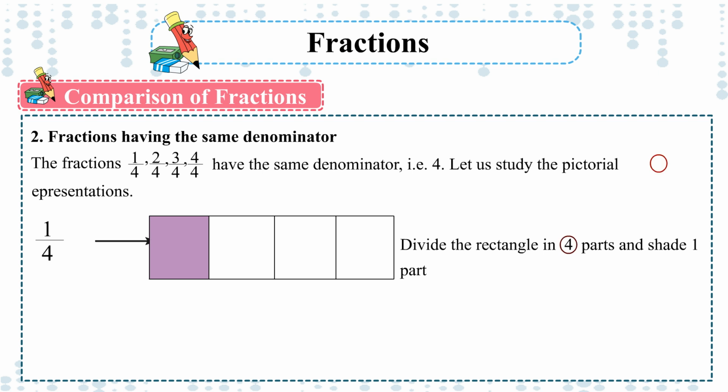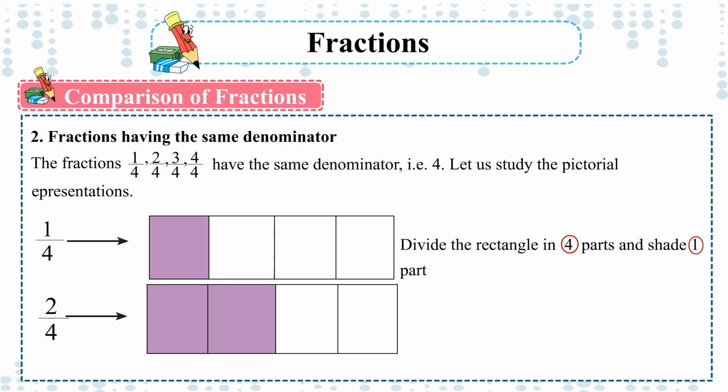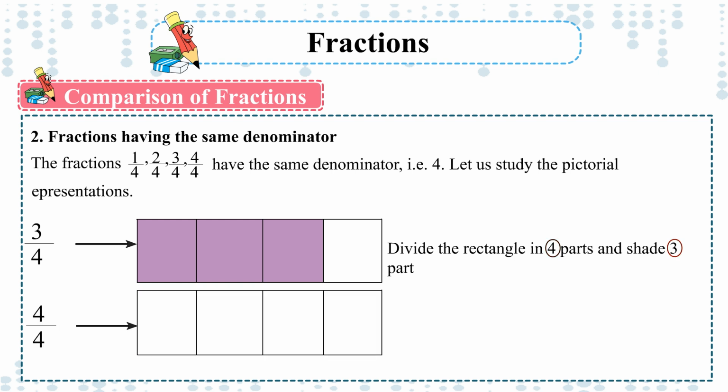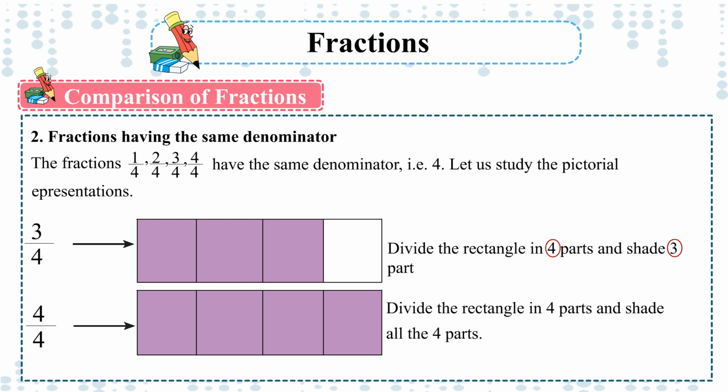Divide the rectangle in 4 parts and shade 1 part. 2 upon 4. Divide the rectangle in 4 parts and shade 2 parts. 3 upon 4. Divide the rectangle in 4 parts and shade 3 parts. 4 upon 4. Divide the rectangle in 4 parts and shade all the 4 parts.